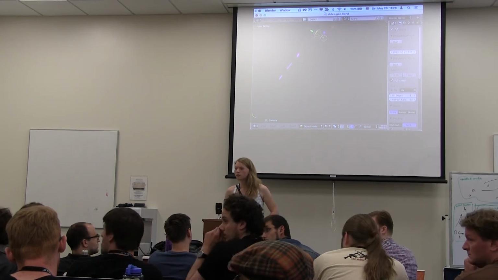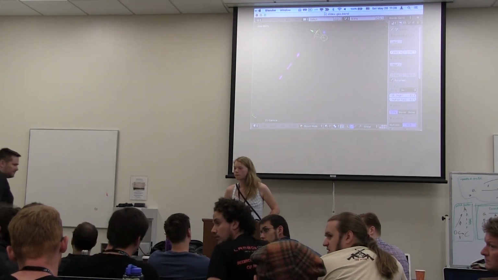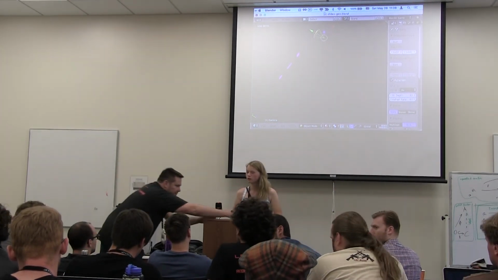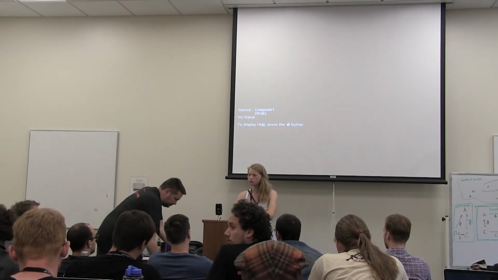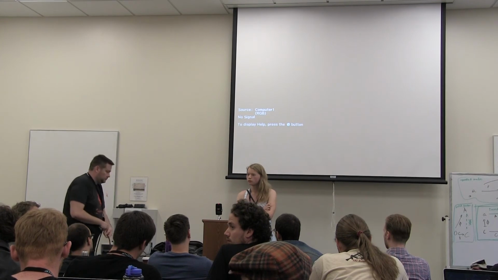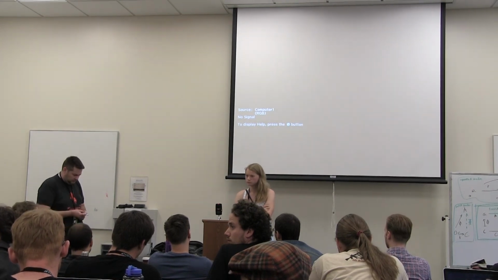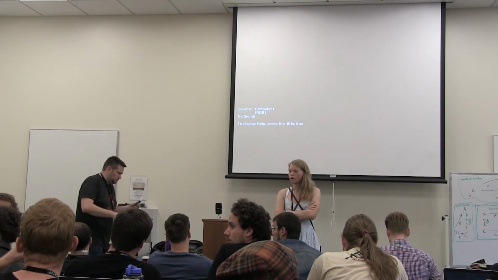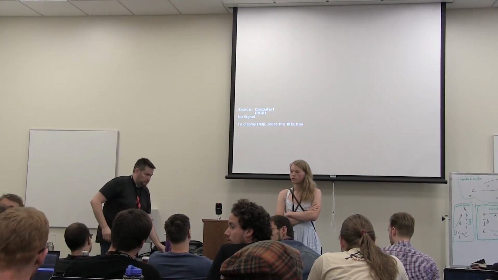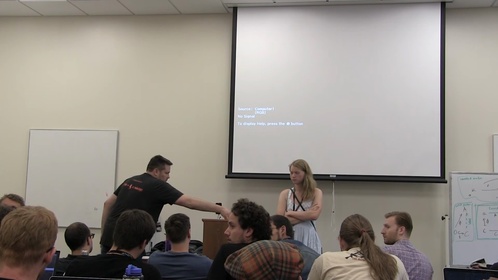Yes? Do you think something like Clasp would have that kind of community? Clasp is a Common Lisp implementation. I come from C++. So presumably a lot of these folks are running C++ code and stuff like that. And this was invented by a chemistry professor for his own use.